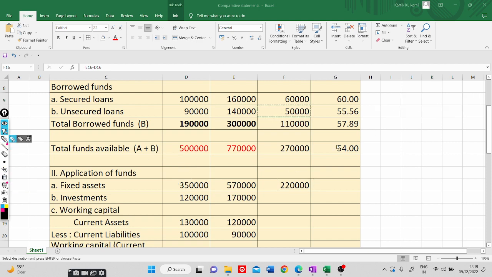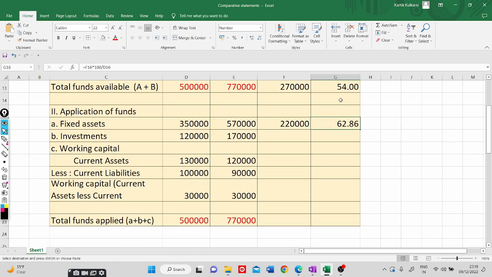Which comes to, let's calculate the percentage. So in this way we can calculate the percentages for all the other components.